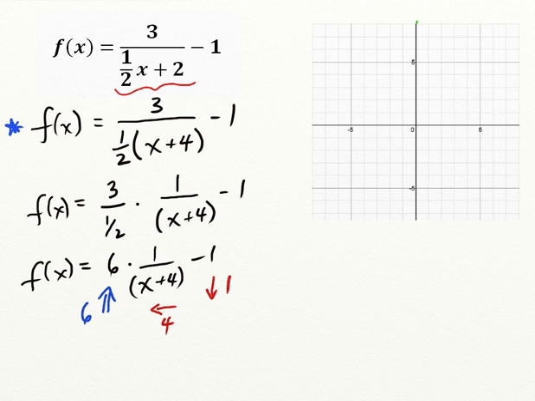The new asymptotes are going to be, well, the horizontal translation is to the left 4, so I'm going to go over to -4, and I'm going to put in the vertical asymptote right at -4. Okay, there's another asymptote, and that is at -1 because we have moved down 1, so we'll put in the other asymptote right there at -1.